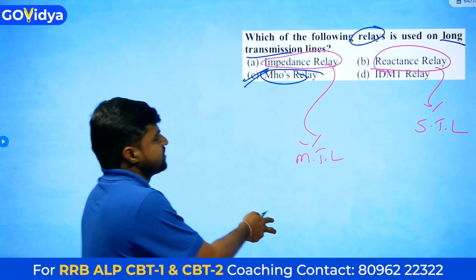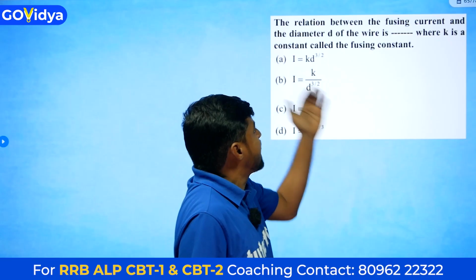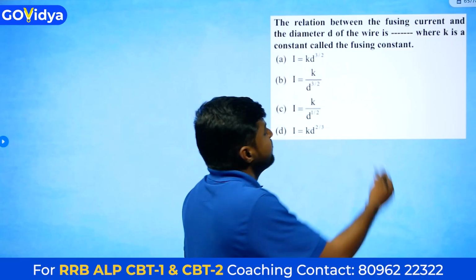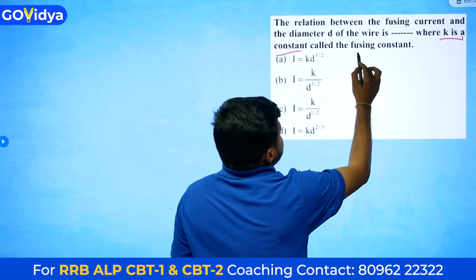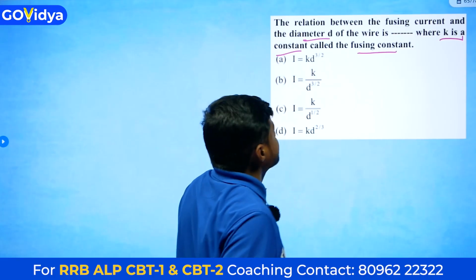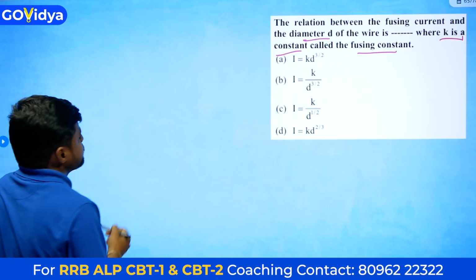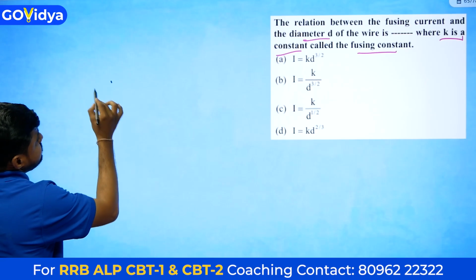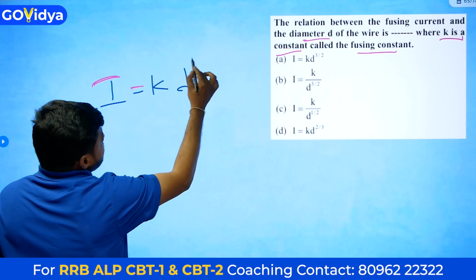Next question. The relationship between fusing current and the diameter D of the wire, where K is the constant of fusing current. The relationship between fusing current and diameter of the fuse is I is equal to K D power 3 by 2.